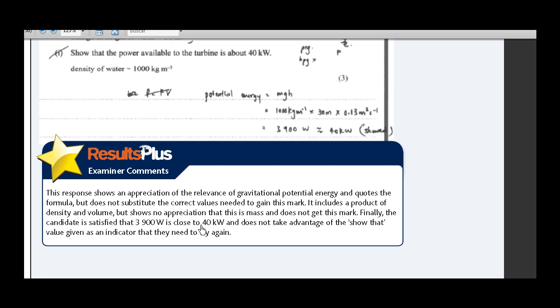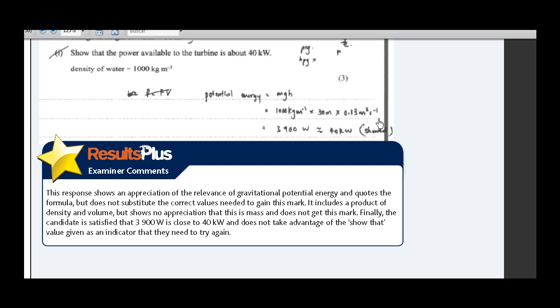And I had not noticed, but his answer is actually wrong. He's got 3,900 watts, and that's not 40 kilowatts, that's nowhere near, that's like nearly 4 kilowatts. So he's out. You can see here he did 0.13, but he didn't multiply by the density.